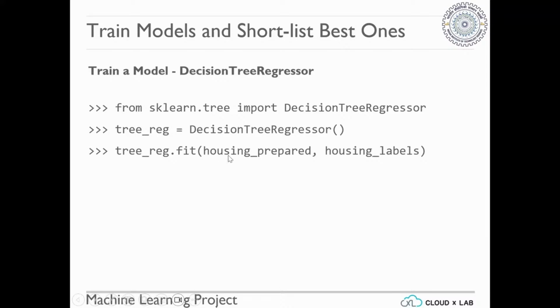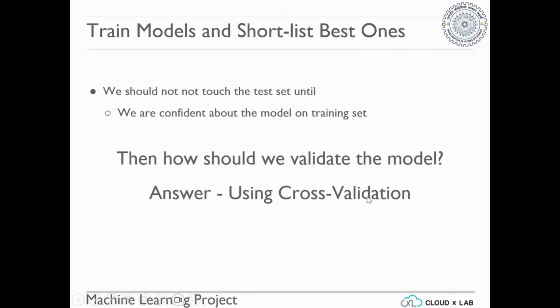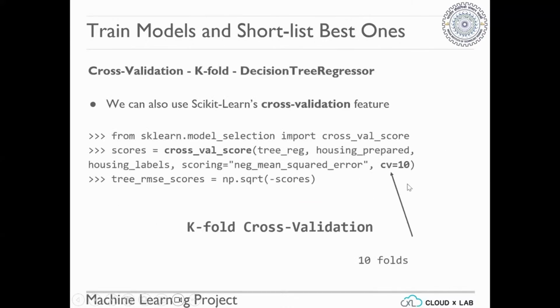Now this housing_prepared is the variable that contains the training data, and housing_labels is the variable that contains the output labels for the training data. This method doesn't know anything about the training data and test data. It will divide the data that we are providing.